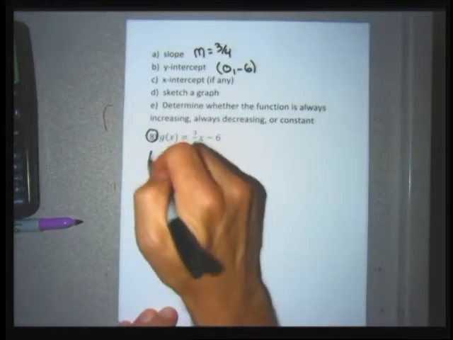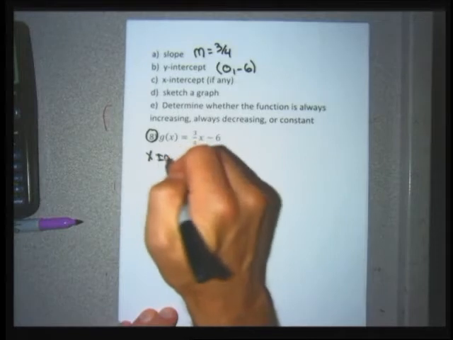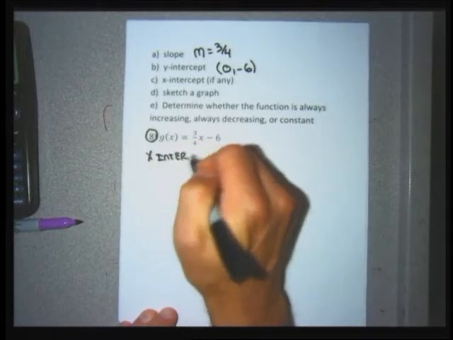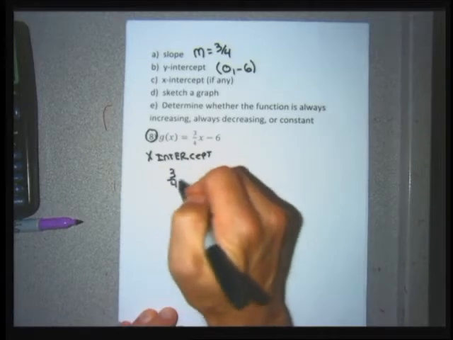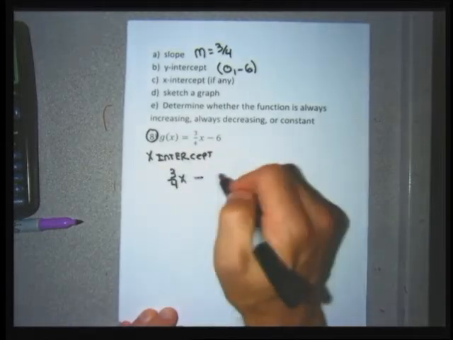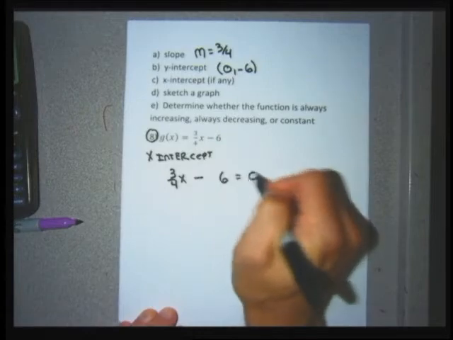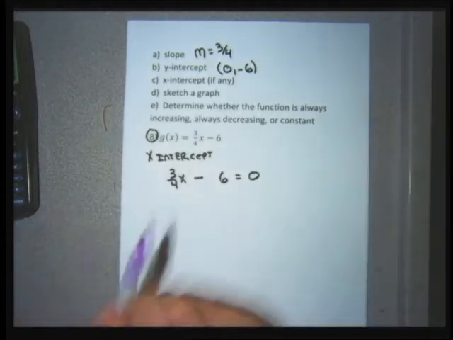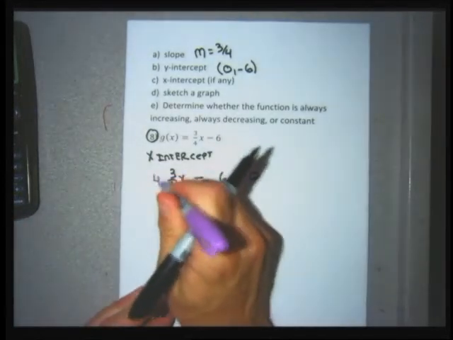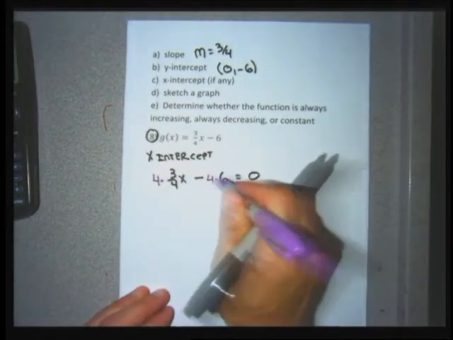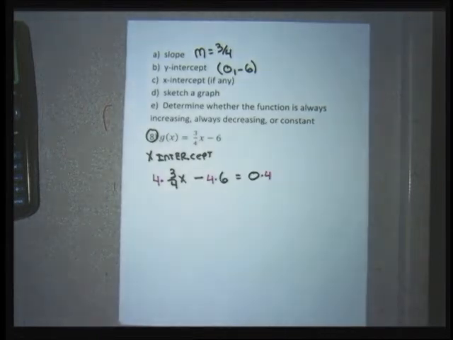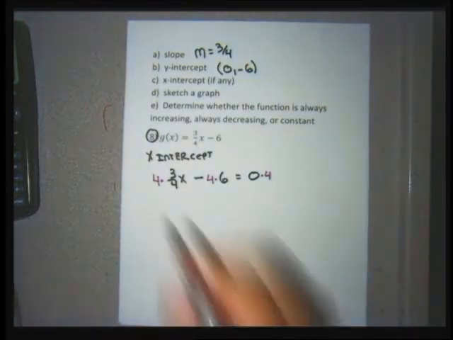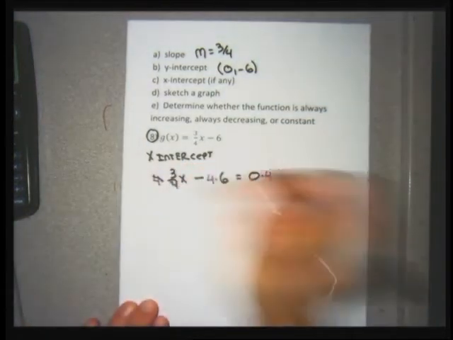The x-intercept, I take the function and set it equal to 0. So I'm going to go 3/4 x minus 6 equals 0. I don't much like the fraction. I'm going to get rid of the fraction on the first step of my algebra to make the work easier. So I'm multiplying through by 4. When I multiply the fraction 3/4 by 4, the 4's cancel.